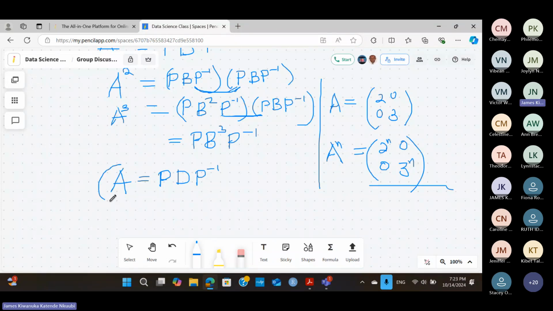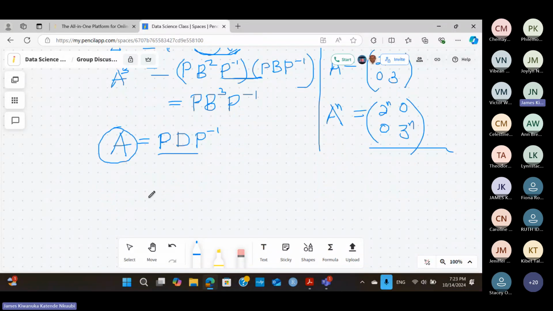So it might be very hard for me to get powers of this matrix as it is. But if I've done this diagonalization, then it's easy. If I want to get A raised to N, then this becomes very easy. And we have the diagonal matrix here, which is similar to A. So once you have diagonalization done, then this becomes easy, because now getting powers is just as simple as getting powers of the elements in the diagonal.